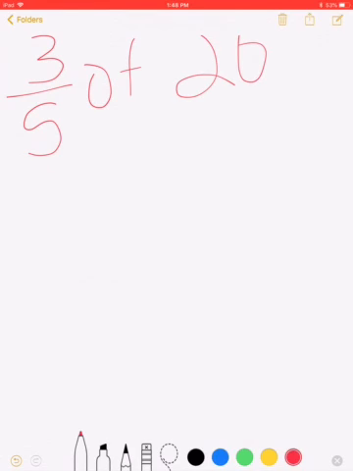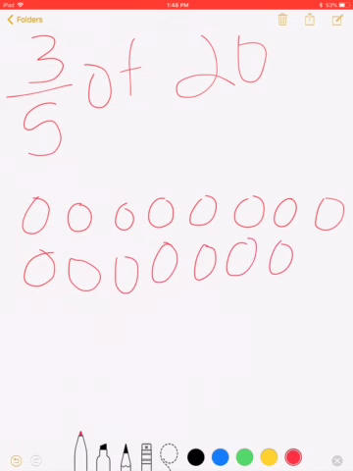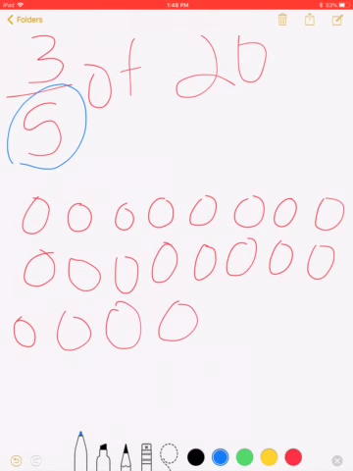Okay. Bear with me, I have to draw out 20 circles. 1, 2, 3, 4, 5, 6, 7, 8, 9, 10, 11, 12, 13, 14, 15, 16, 17, 18, 19, 20. I look at my denominator, which is 5, and I'm breaking it into 5 groups. So I'm really thinking, well, what is 20 divided by 5?